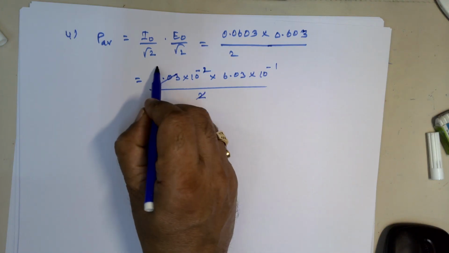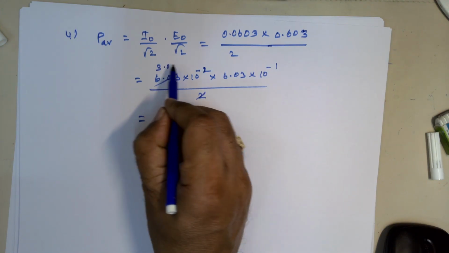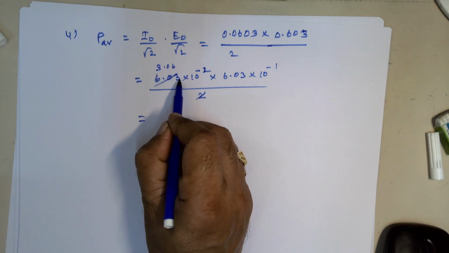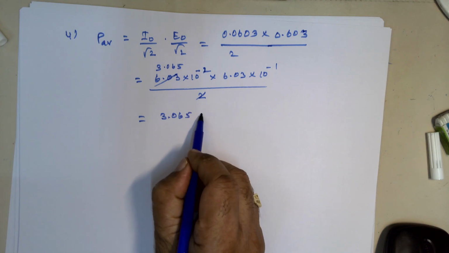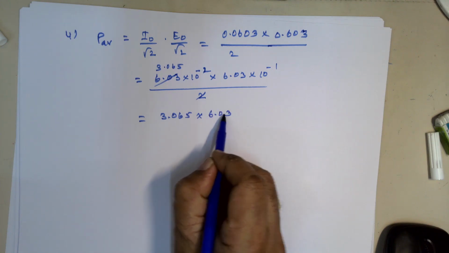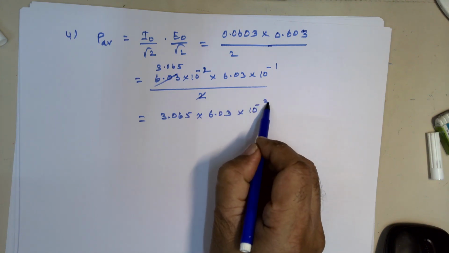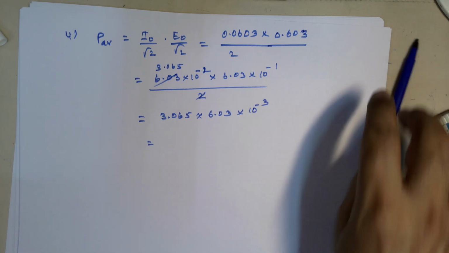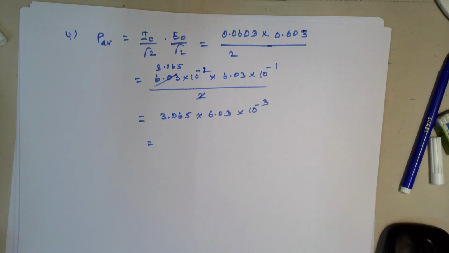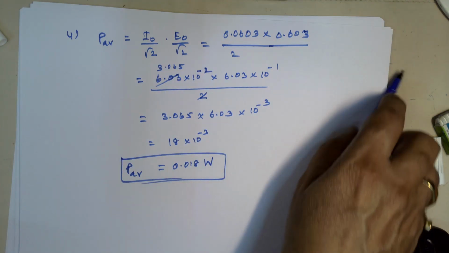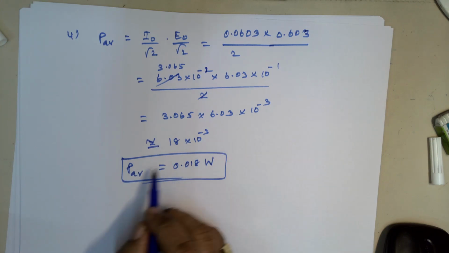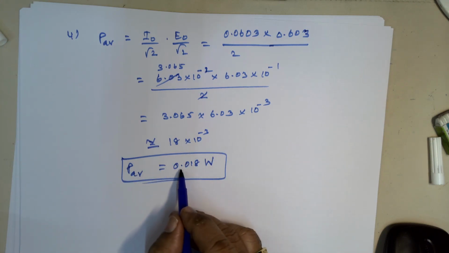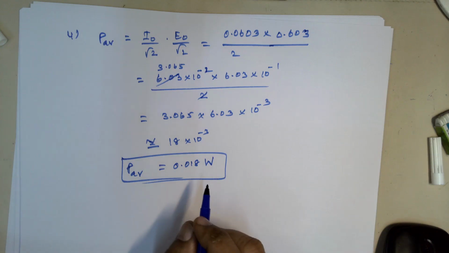So it means 3.015 into 6.03 into 10 power minus 3. Approximately 18 into 10 power minus 3. So P average is equal to 0.018 watt.